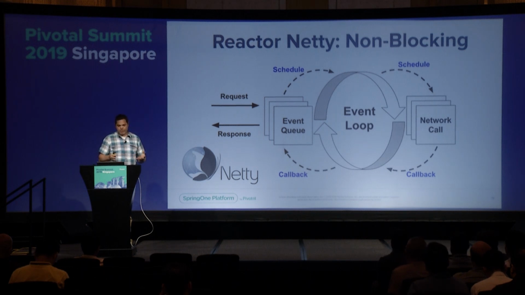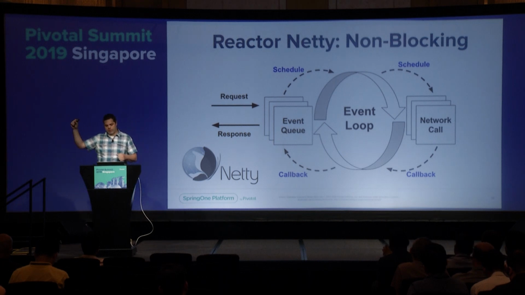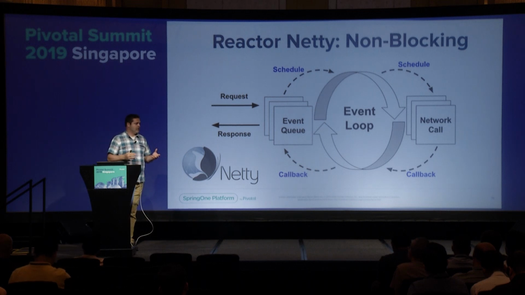So requests come in, they get placed on a queue, and the event loop eventually will pick them up. Then requests are made downstream, and the responses get sent back. But none of this blocks threads, right? So by default, Reactor Netty is a single thread per core on your machines.